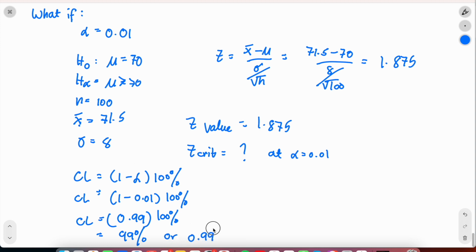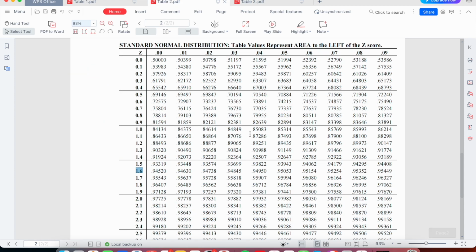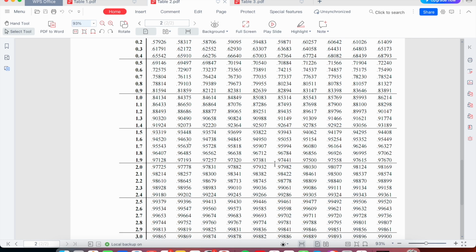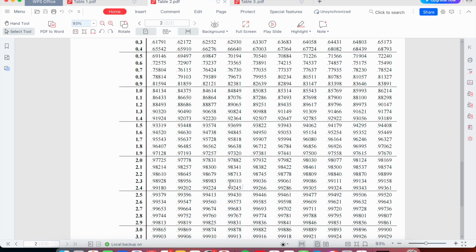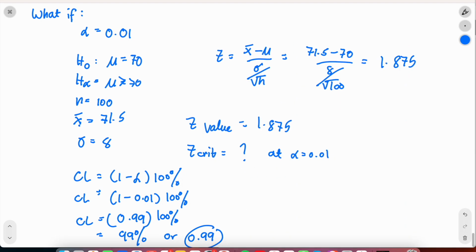So we look for the area. We look for 0.99 in our standard normal table. 0.99 here is either here or here. These ones are the closest. So we have 2.3. Let's write it there.